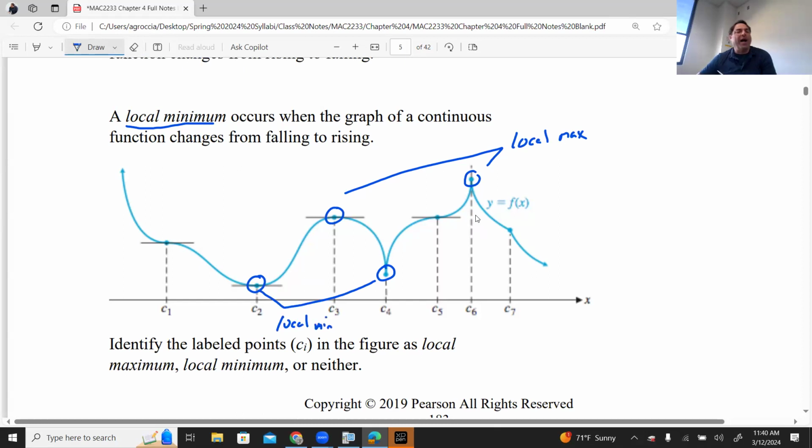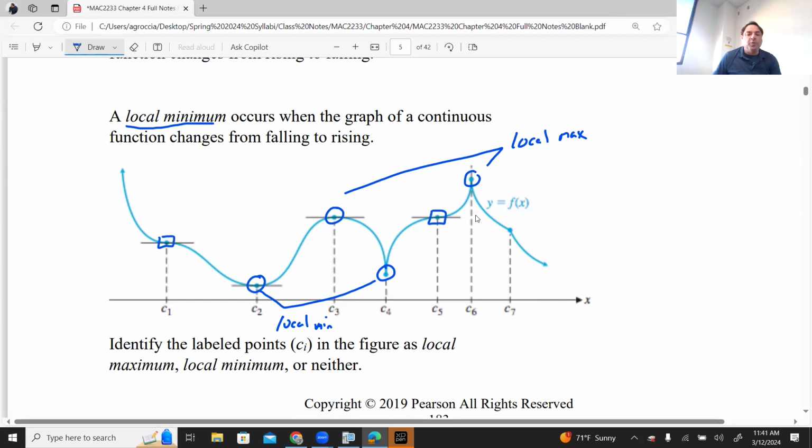Now, you may be wondering, why do we need to find these extrema, these highs and lows? Well, we want to maximize revenue. We want to maximize profit. We want to minimize cost. So we want to find where the high points and the low points are. In the process, you may find these in-betweens.